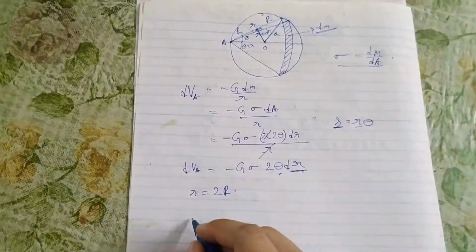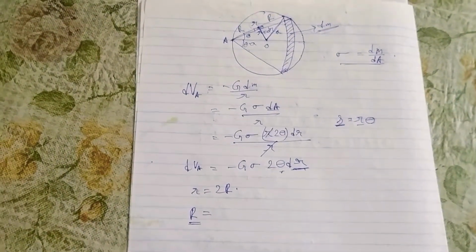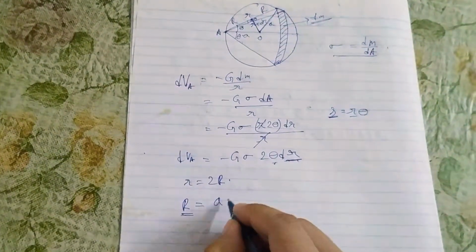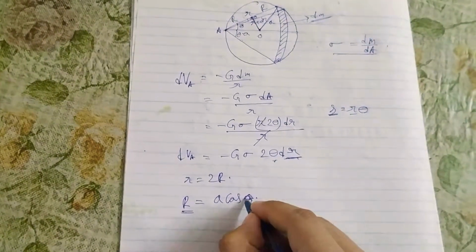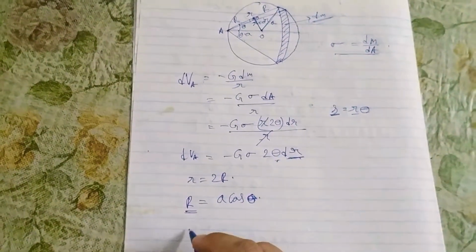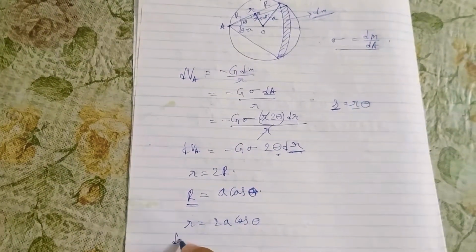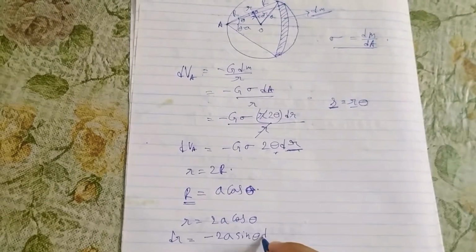Now we have to measure the value of this capital R, and from here, this is theta, so we can write a cos theta. So small r will be 2a cos theta, so dr will be minus 2a sin theta d theta.